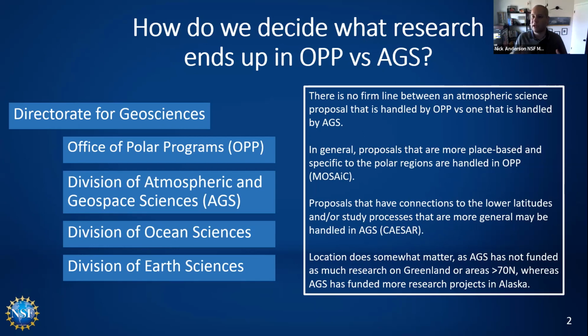I wanted to make the statement that there's no firm line between what's an atmospheric science proposal that goes to OPP or one that's handled inside AGS. But there are guidelines, things that are absolutely place-based, such as a ship floating around in the ice.